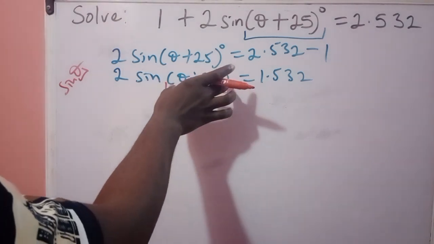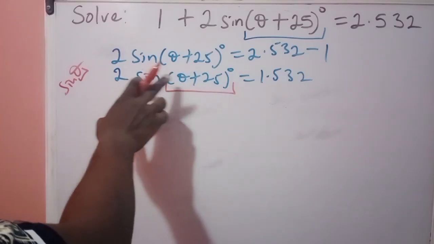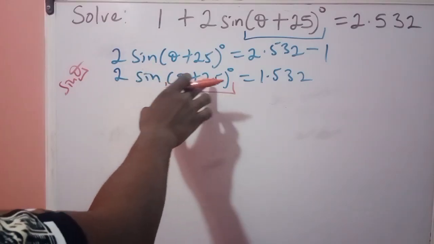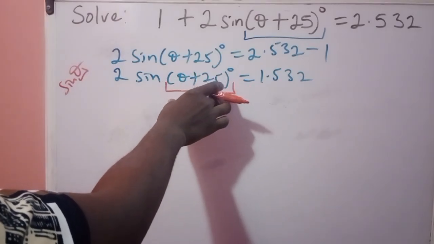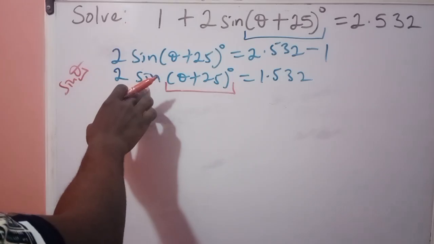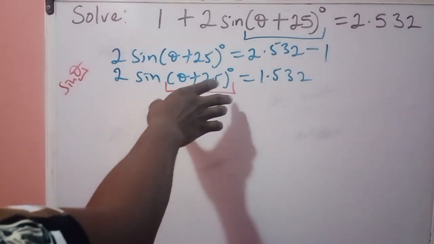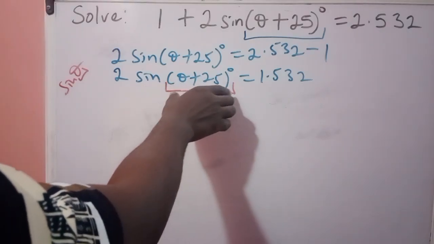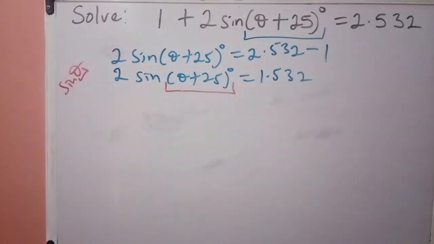So you have to deal with theta plus 25 as the angle associated with the sine, not just theta alone. So you don't isolate theta from 25. Theta plus 25 is actually the whole angle, is the angle associated with sine. So what you do here is each time you want to deal with, maybe you want to have arc sine, you will be having it in association with theta plus 25. Let me show you what I mean by that.